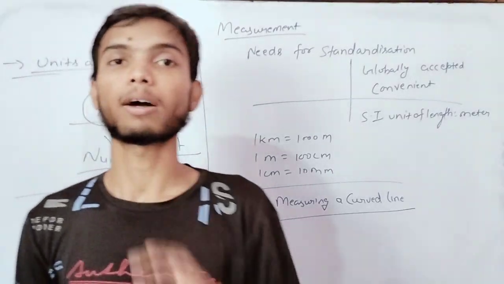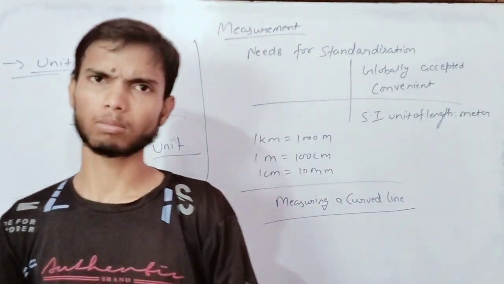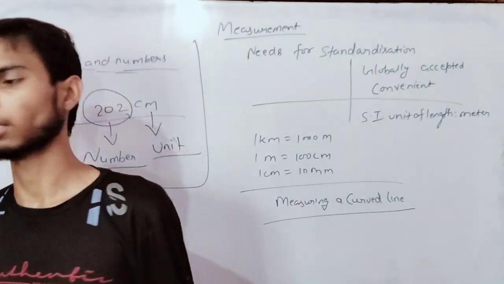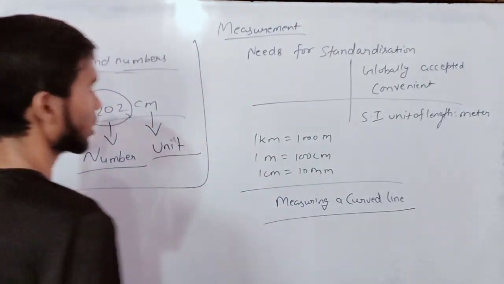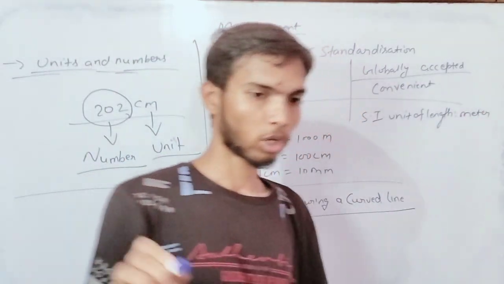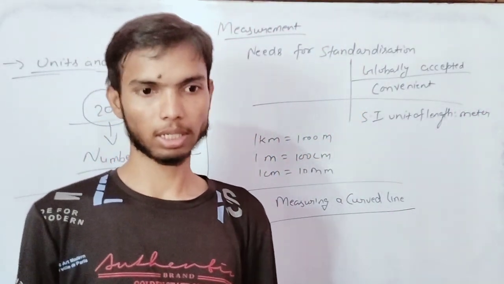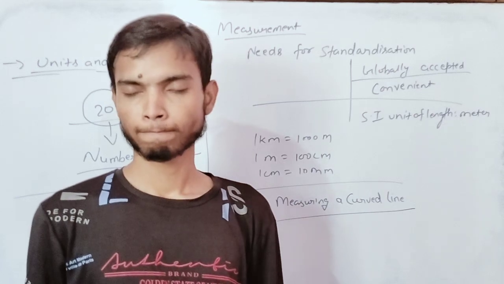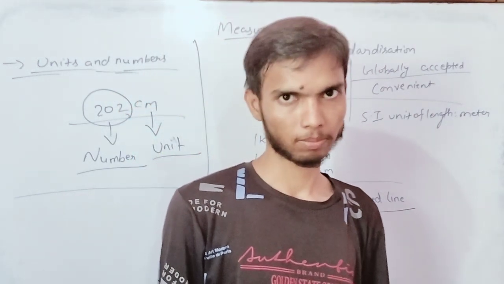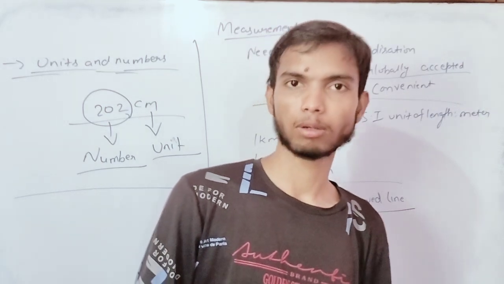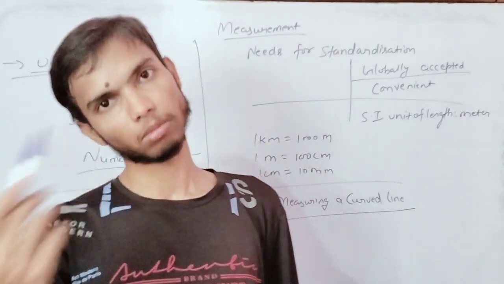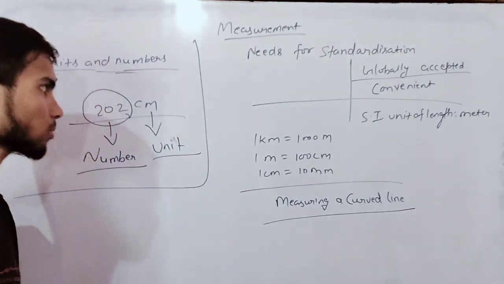The truth is that whatever you are measuring in your country will be the same in another country. Nothing will be changed. It is globally accepted. Units such as kilometer, meter, liter are all globally accepted. If you measure something here, that number will be the same in another country also.